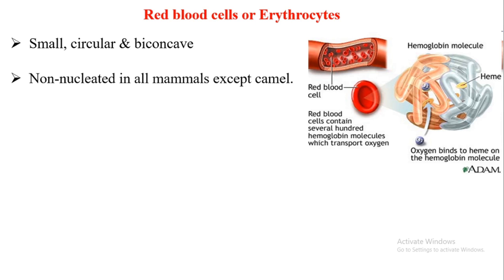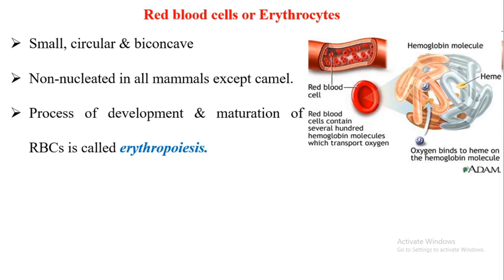RBCs are generally non-nucleated in all mammals, but only the camel has a nucleated RBC. Remember, the camel has nucleated RBC. The rest of all mammals have non-nucleated RBCs. The process of development and maturation of RBCs inside the hemopoietic organs is called erythropoiesis.